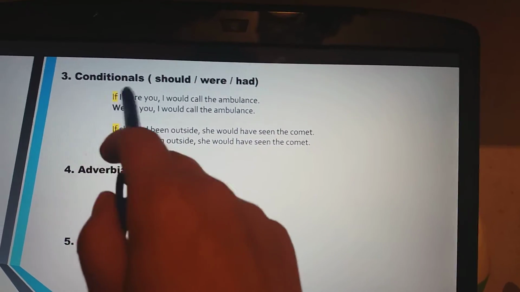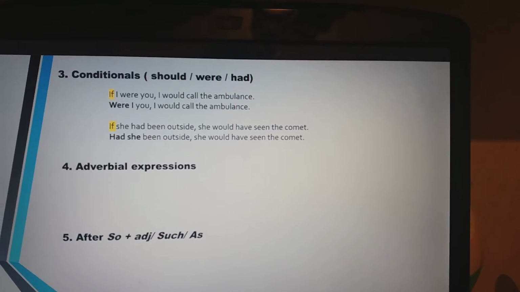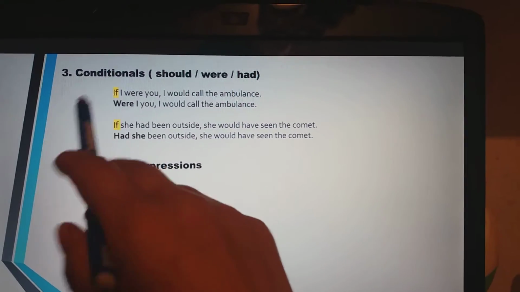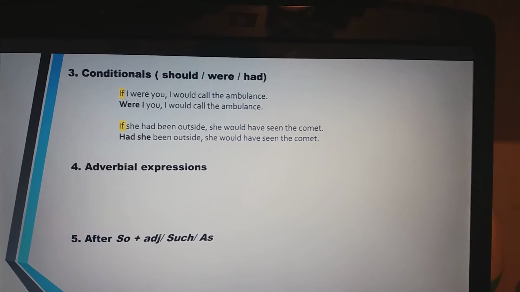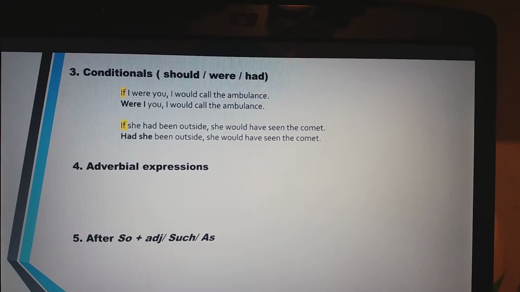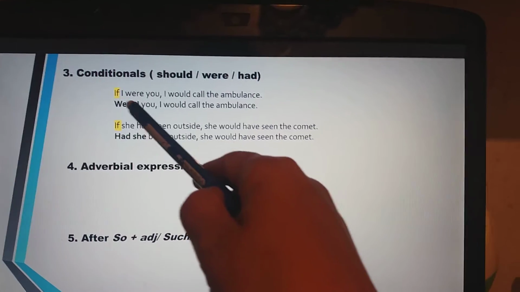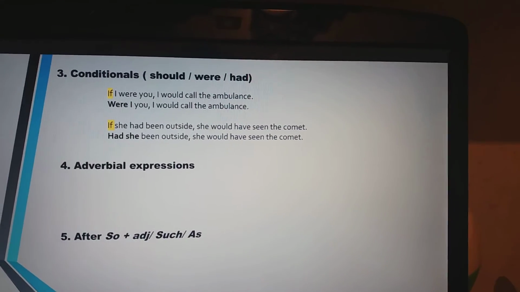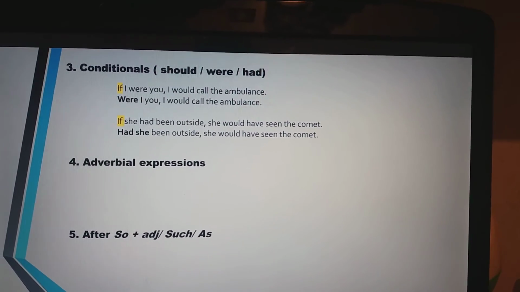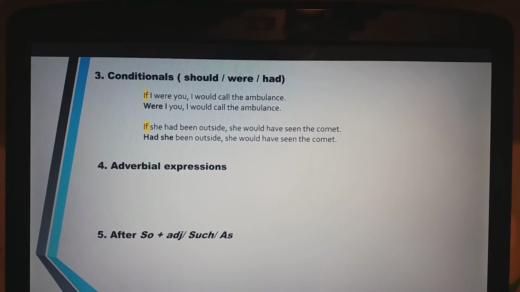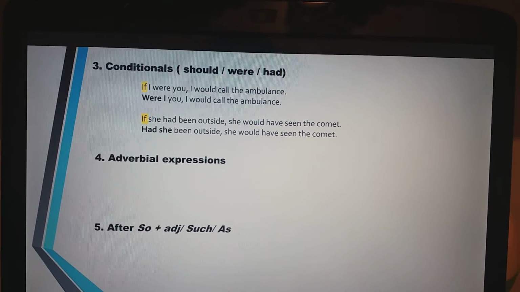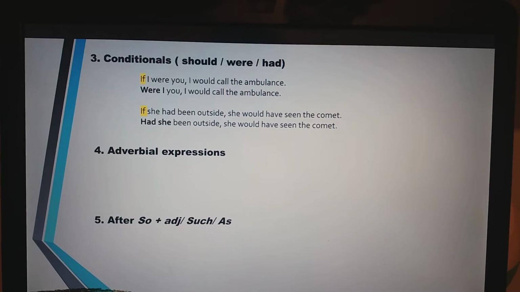To invert this conditional, we need to omit "if." So, were I you, I would call the ambulance. The verb is put before the pronoun. The second one: if she had been outside, she would have seen the comet. Had she been outside, she would have seen the comet.